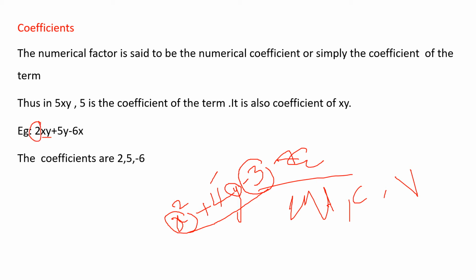This constant number is known as coefficient. For example, I am writing minus 3y square. What is the coefficient of y square? You will say minus 3. Minus 3 is the coefficient of y square.